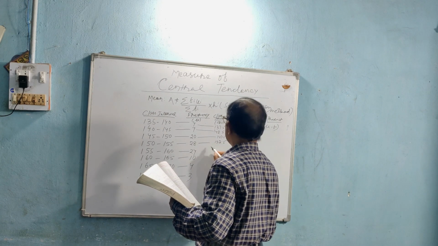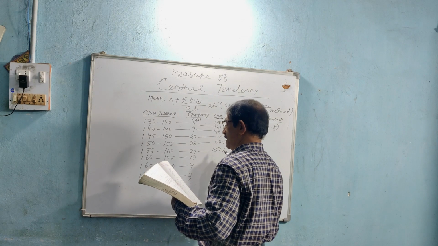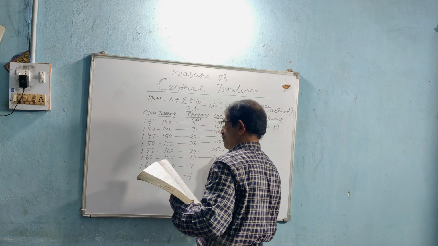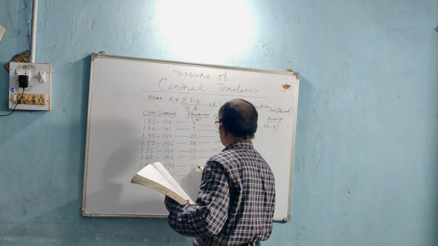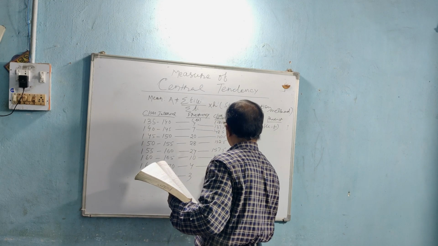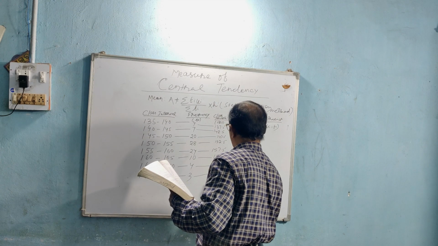Fifth one is 157.5. Sixth one is 162.5. Seventh one is 167.5, and eighth one is 172.5.